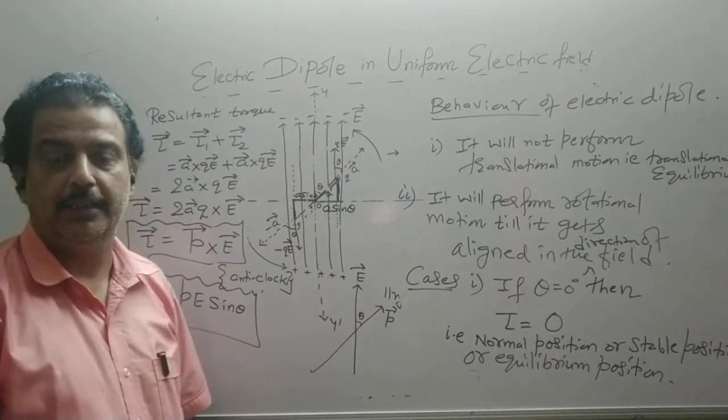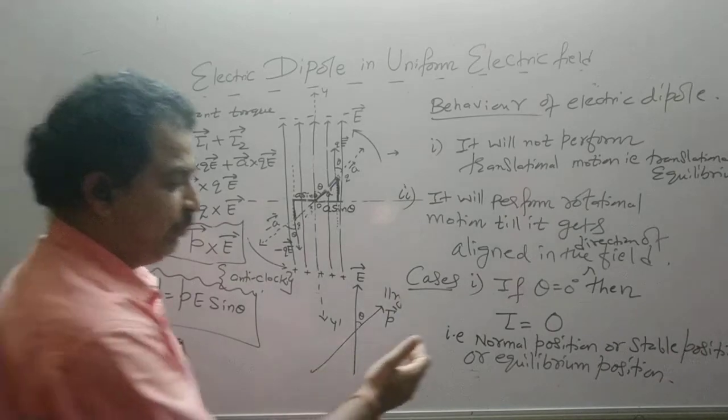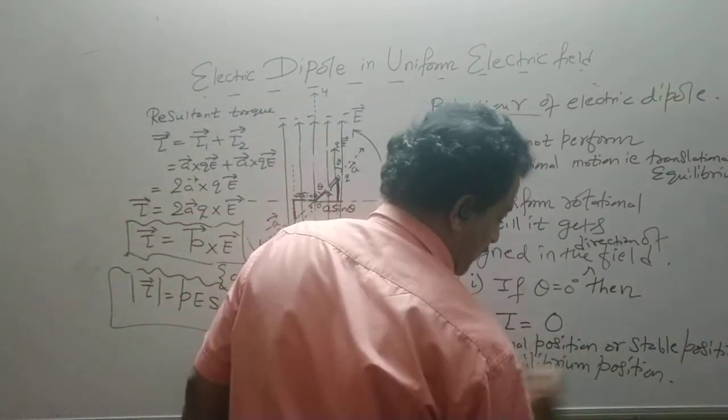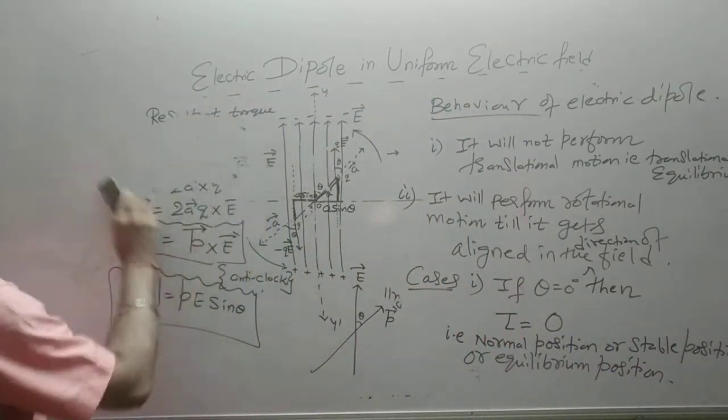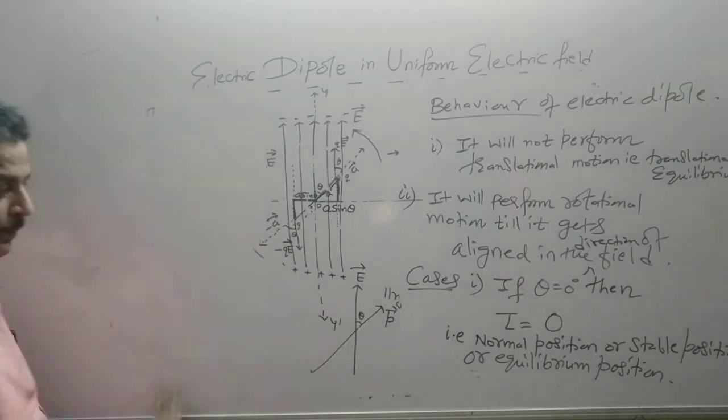So that position is called as normal position or stable position or the equilibrium position of a dipole.